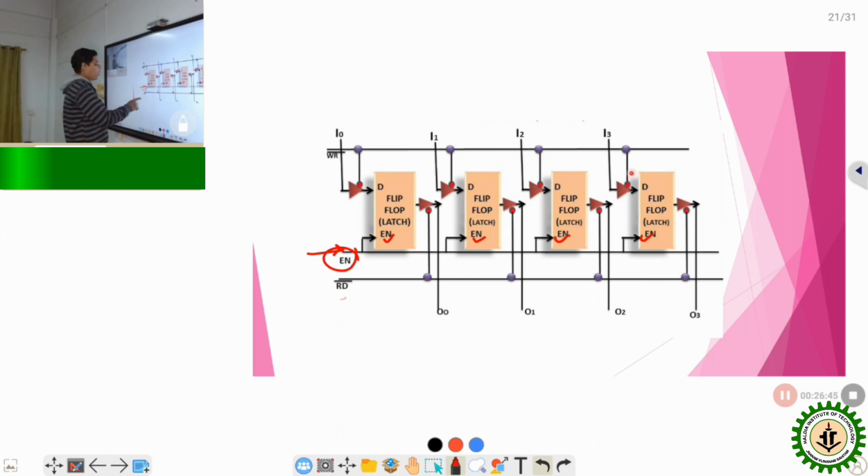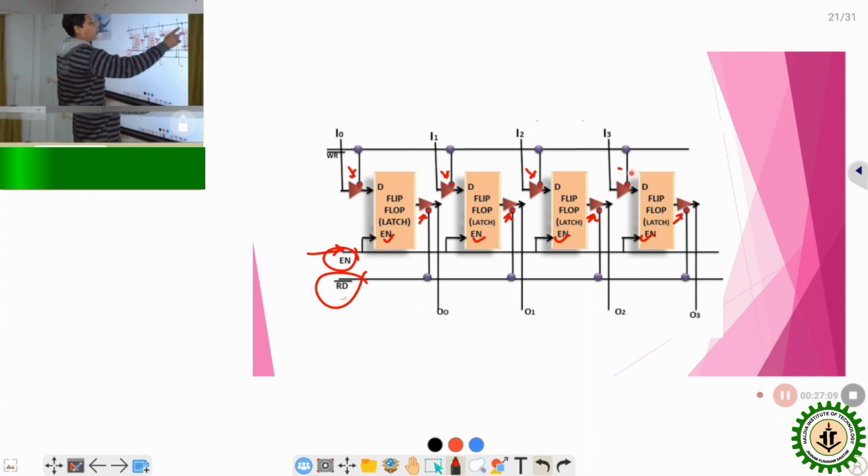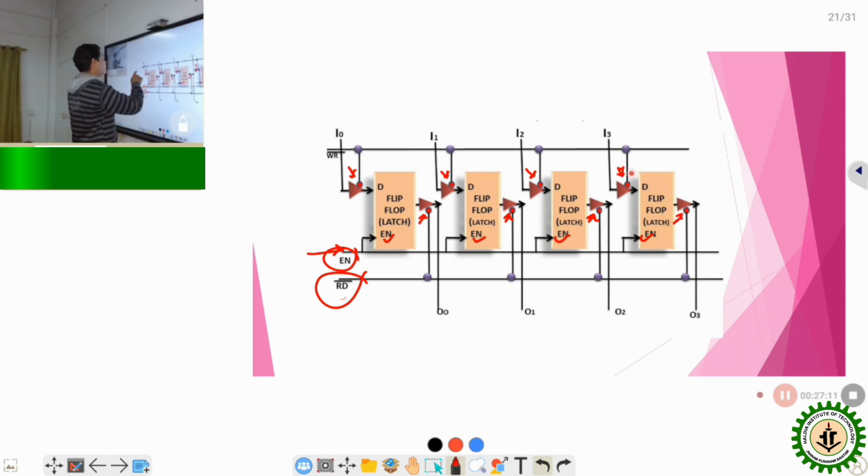Similarly, the read control of all the tri-state buffers are connected together and make one common read terminal. Similarly, the input buffer control terminals are connected together and make a single control terminal, WR.